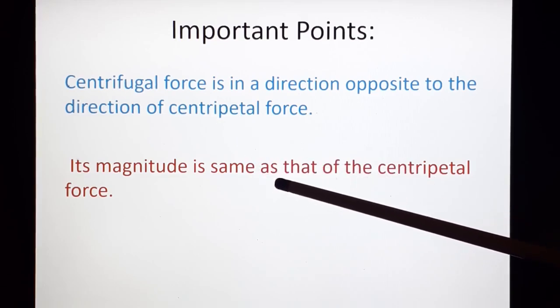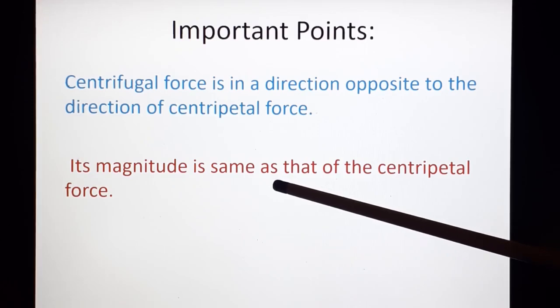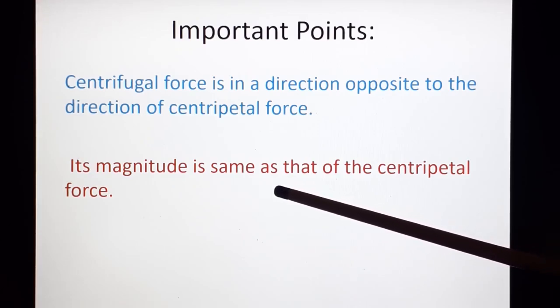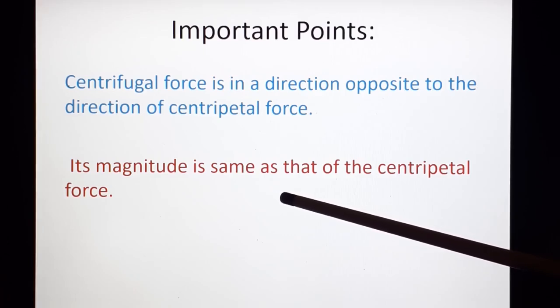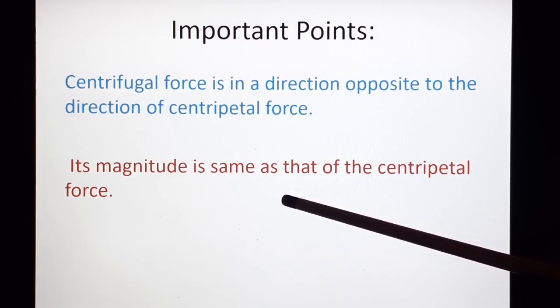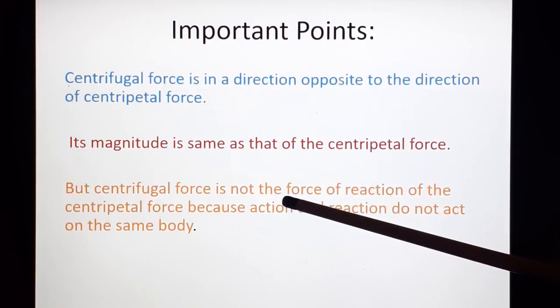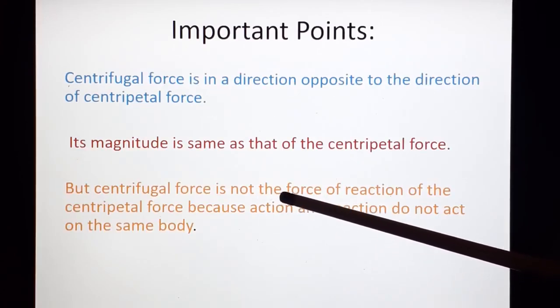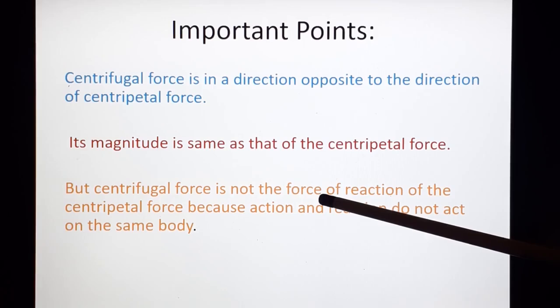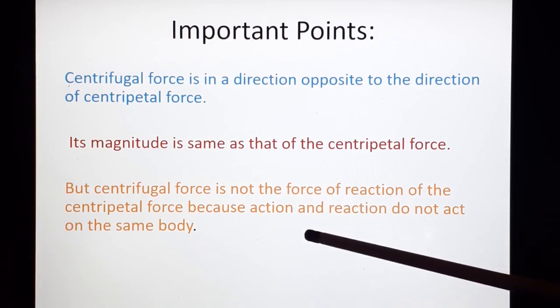Next, its magnitude is the same. It means if centripetal force is 5 Newton, centrifugal force also will be 5 Newton. Clear? So the magnitude will always be similar to that of centripetal force. Next, centrifugal force is not a force of reaction. What's the meaning of this actually?